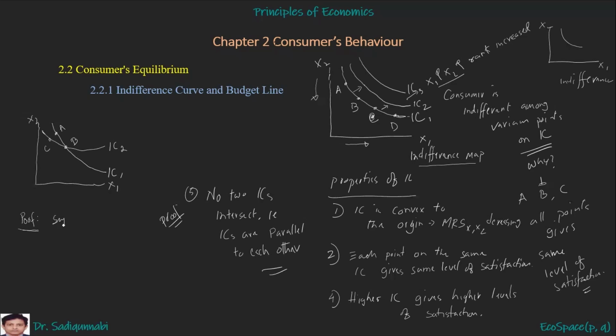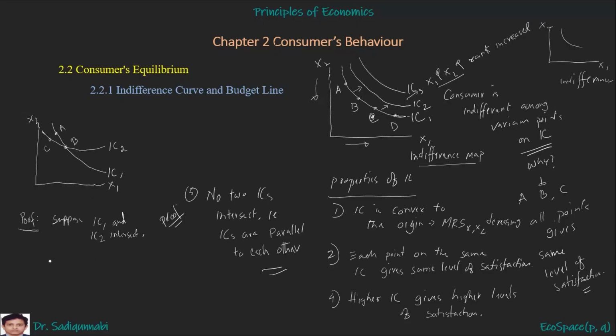Suppose IC1 and IC2 intersect. What happens?